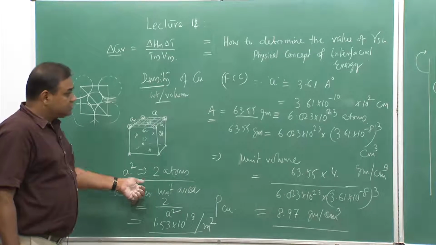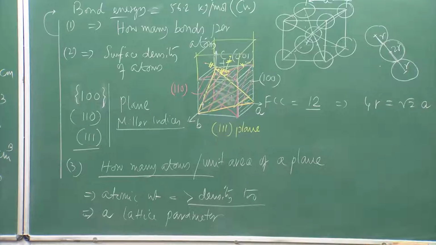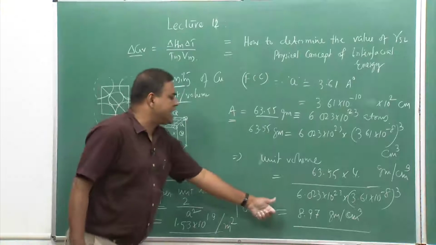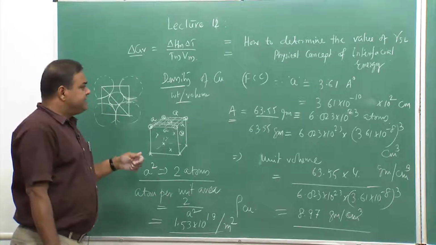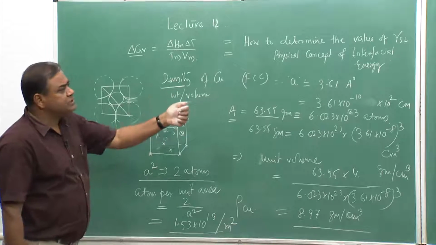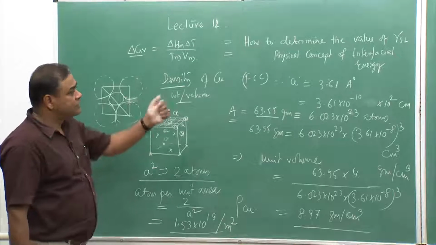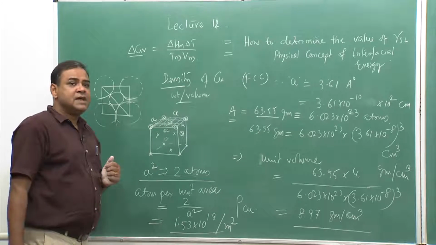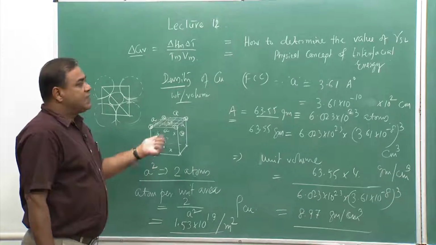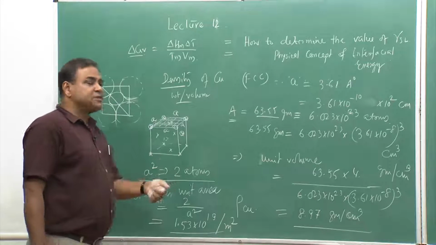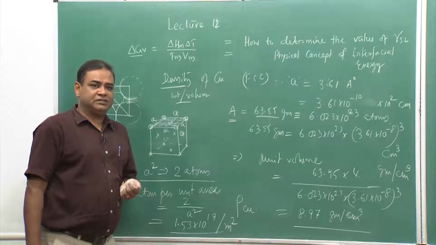We have found the last information, that is how many atoms per unit area of a plane. On the way we have also calculated the density of copper, and next class we will find out the bond energy. We will take it from literature or the book, and then we will calculate how many bonds per atom, what is the bond energy per atom, and then its consequence on the surface energy evaluation.